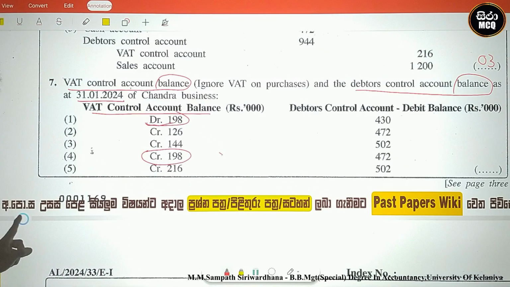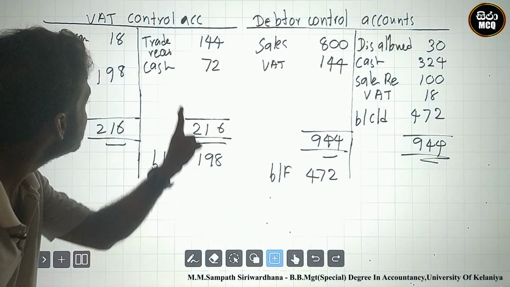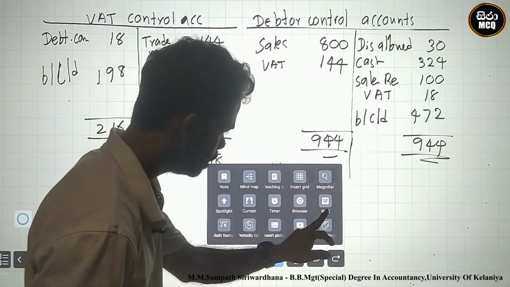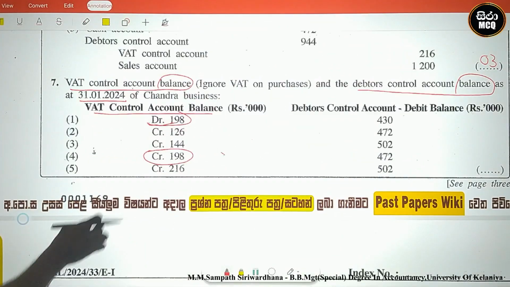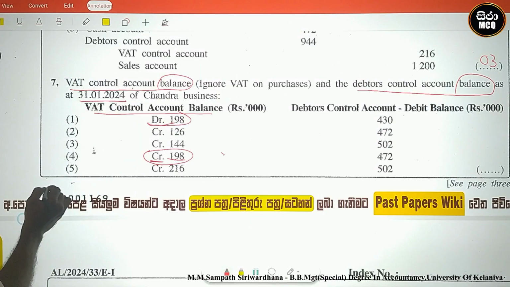Only one answer. Look here, credit balance, VAT control 198 credit balance.